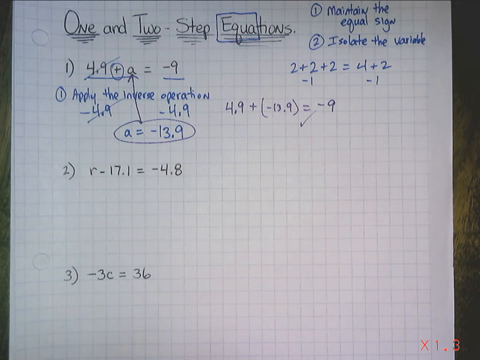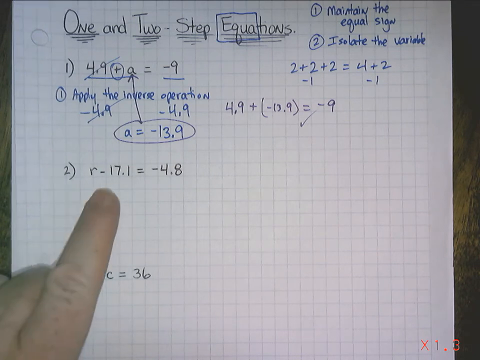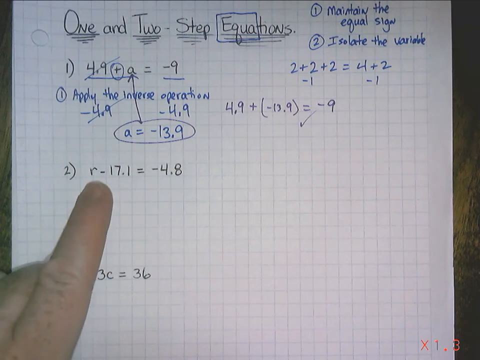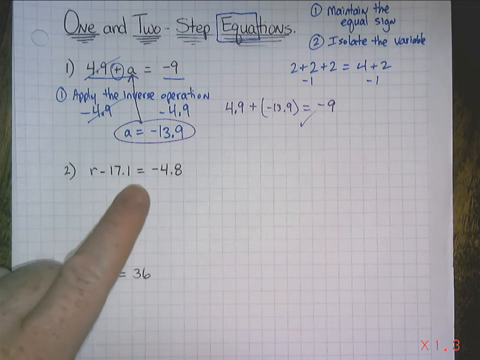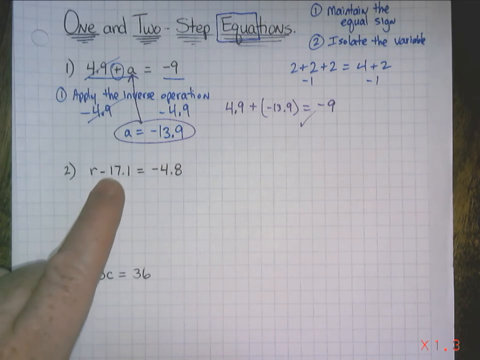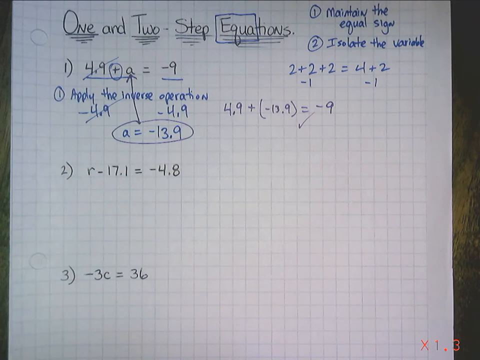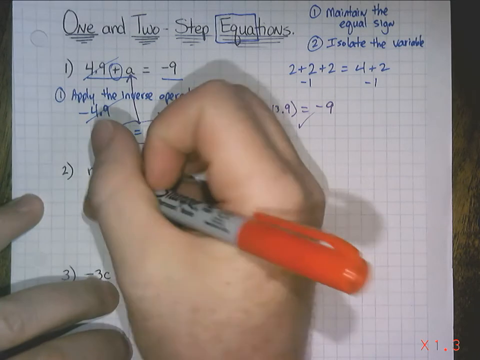Okay, moving on to number 2. We want to look at the operation. The operation is minus. Okay, what specifically is happening with the R? R is being subtracted. So 17.1 is being subtracted from R. So what is the opposite? We have to apply the inverse operation. Well, the opposite of subtracting 17.1 is adding 17.1.